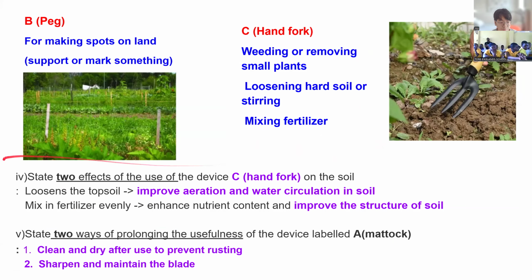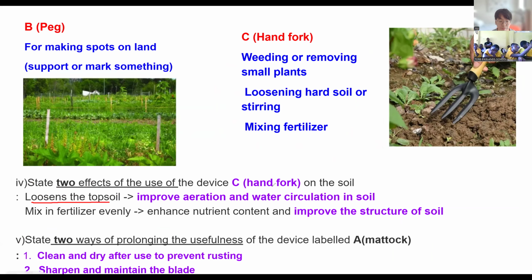Okay, number four, state two effects of the use of device C on the soil. Yeah, we kind of talked about this already. One of the reasons for using the hand fork is to loosen the topsoil. And what happens if we loosen the topsoil?